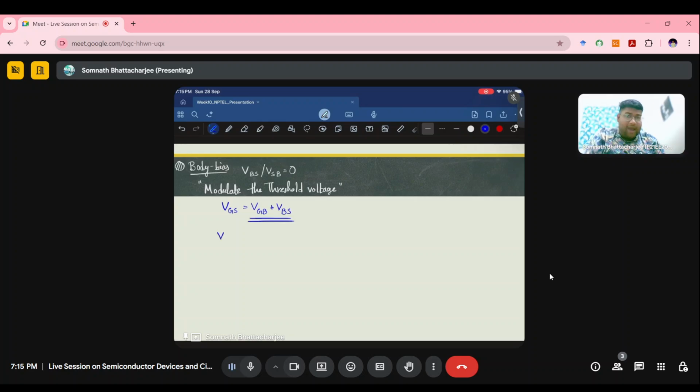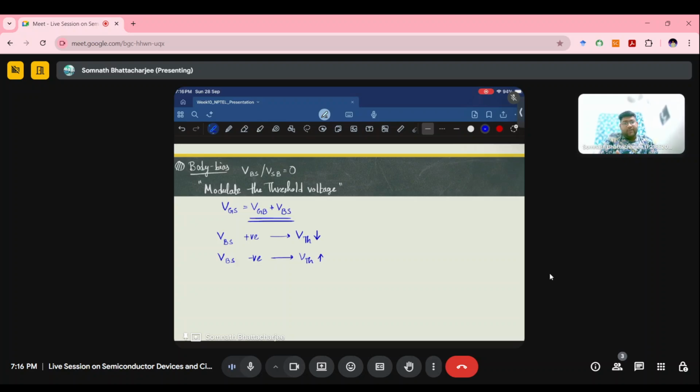I am just omitting all the calculations, but the essential thing to know is that if VBS, the body to source voltage, is positive, the VTH will decrease, and if VBS is negative, the VTH will increase.